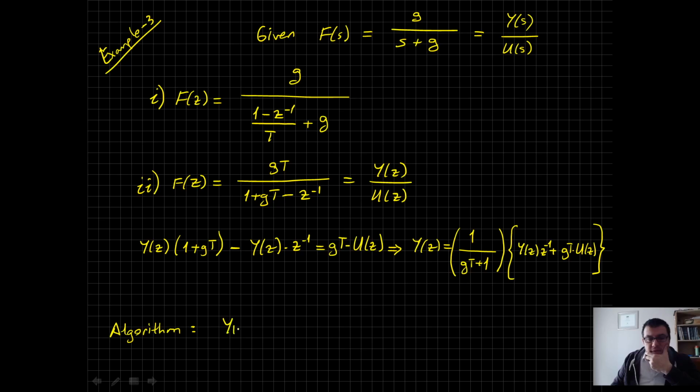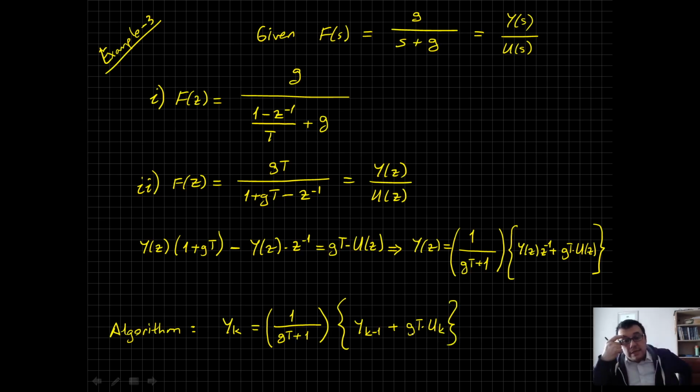Yk, the low-pass filtered output at the time step k, should be equal to 1 over gt plus 1 times yk minus 1, one step previous value, plus gt times uk. Okay, so that's our algorithm, that's our recursion.